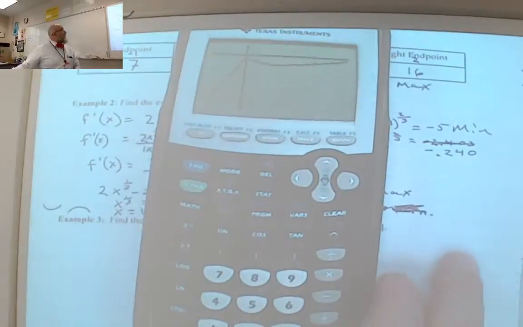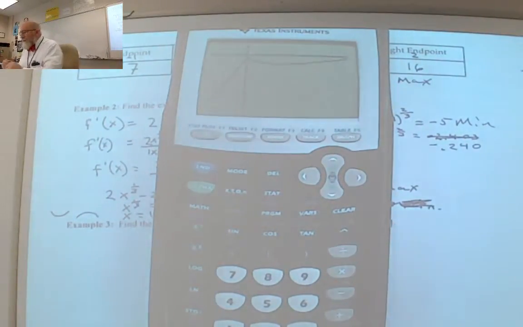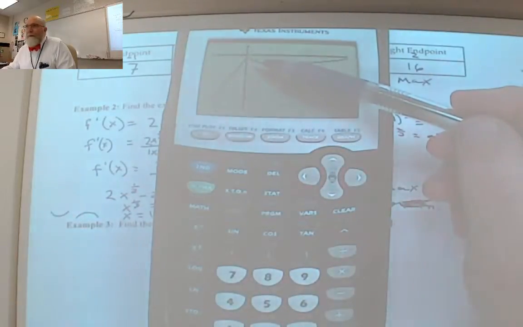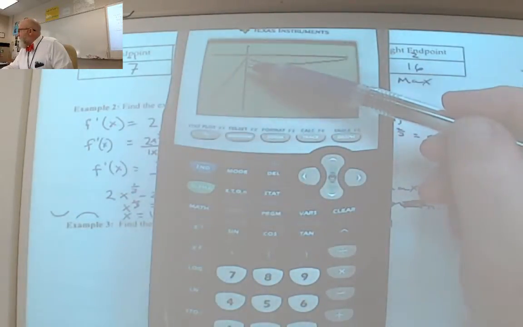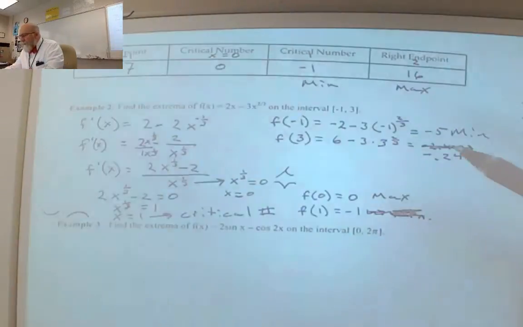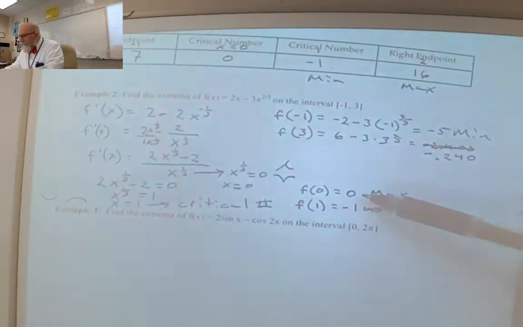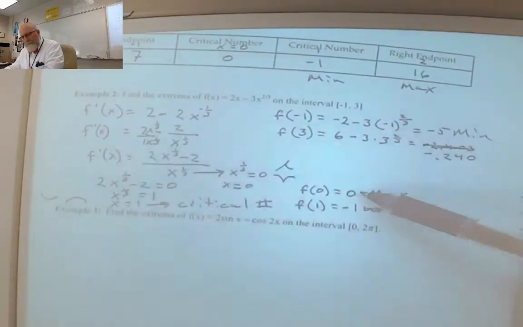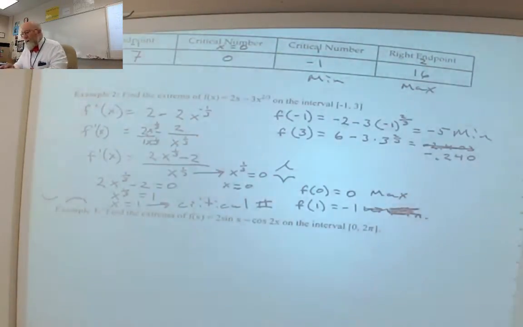Now, the reason I like this one is you can see there's a sharp point there. Do you see that? So my sharp point is at 0. Should be 0, 0.